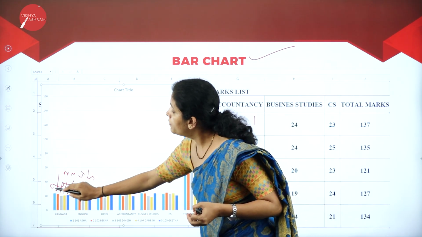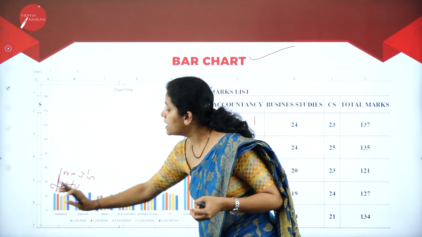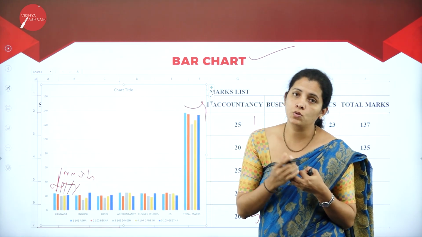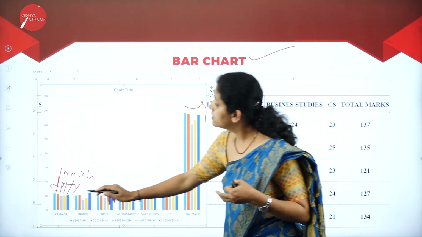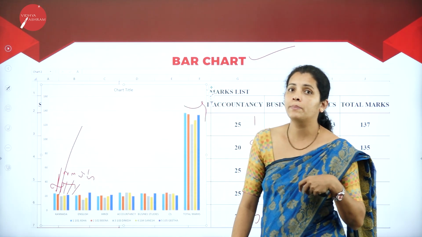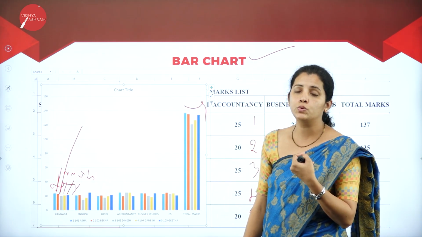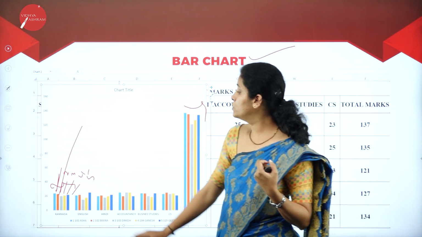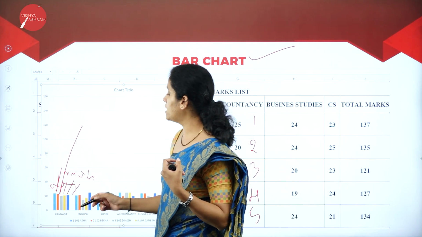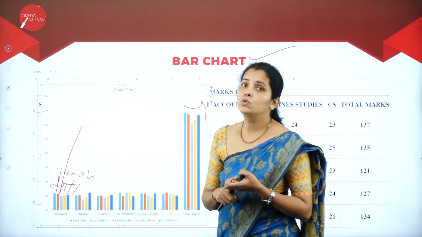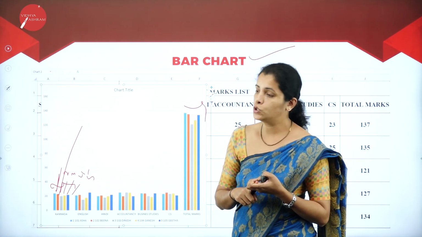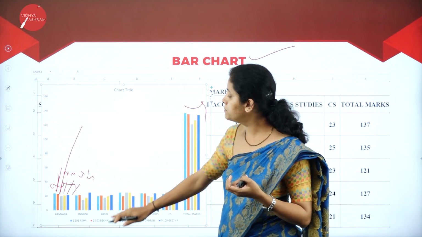So here the first bar shows the marks the first student scored in the Kannada exam. The second bar is used to represent the second student, the third bar the third student, the fourth bar the fourth student, and the fifth bar the fifth student. And how many subjects do I have?